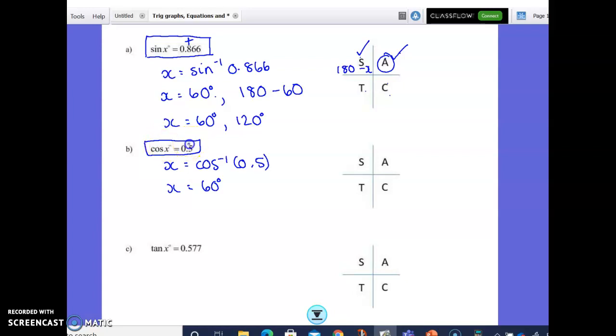It's cos and it's positive. Cos is positive here because they're all positive in here. And it's also positive here because it's C for cos. And that stands for cos is positive. In here, we do 360 minus x. So to get my second answer this time, I'm going to do 360 minus 60. So x is 60 or 300.